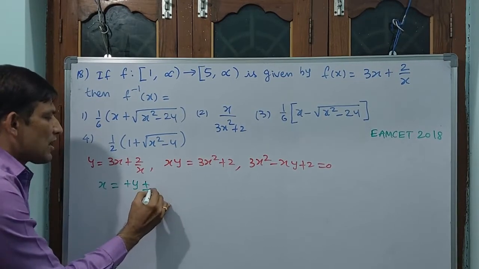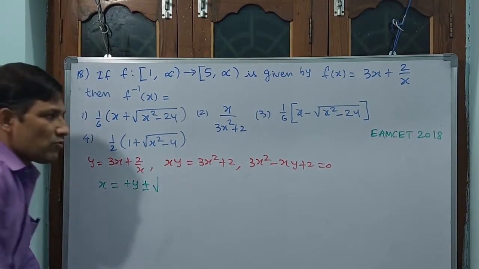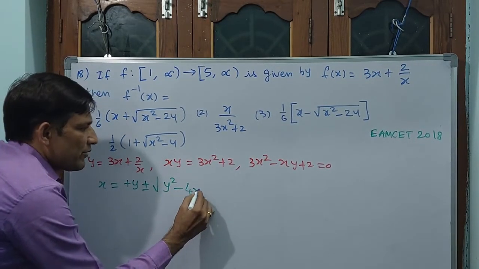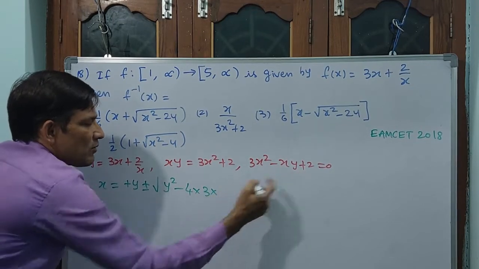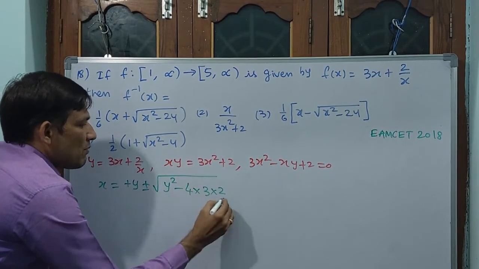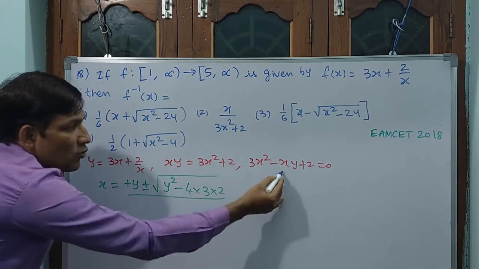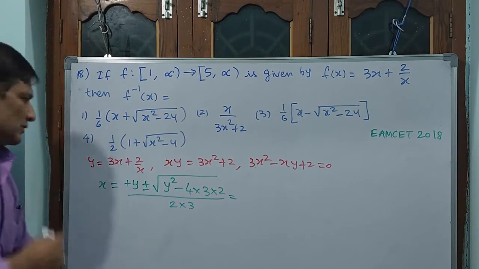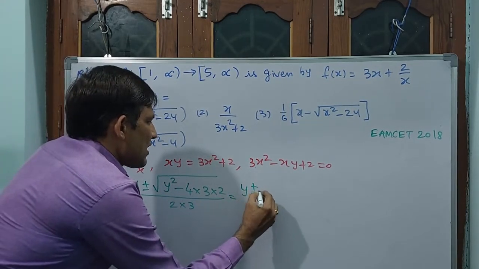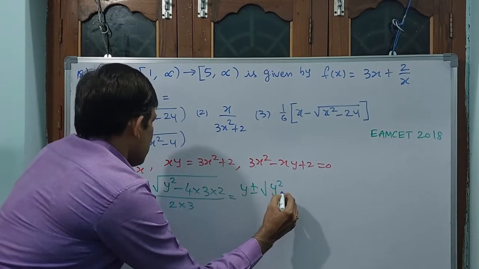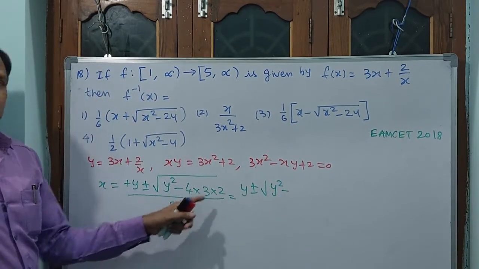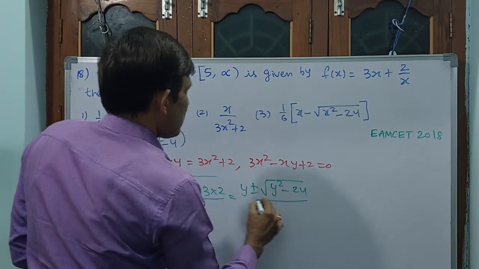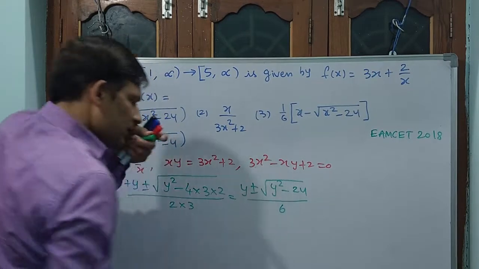Plus or minus square root of b square, meaning y square, minus 4ac. 4 into a, which is 3, into c, which is 2, by 2a. 2a means 2 into 3. So, plus or minus square root of y square minus 24. 4 into 3 is 12, 12 into 2 is 24. 24 by 2 into 3, that is 6. Okay.